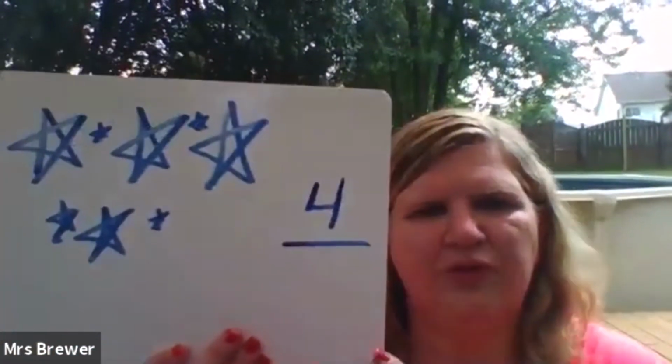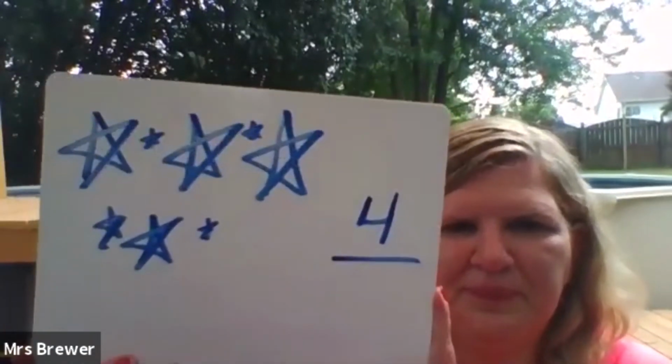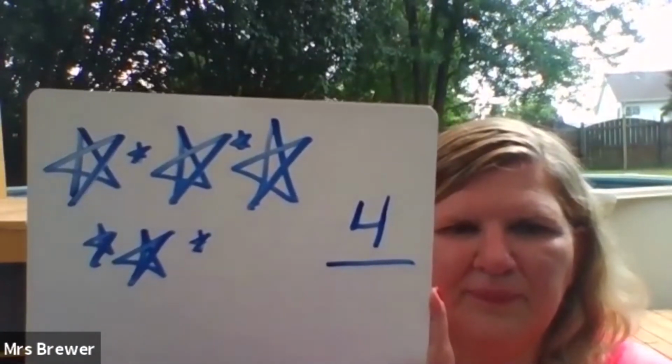Okay, boys and girls. And how many of my stars are small? What? That's not what I'm supposed to do? What am I supposed to do next then, boys and girls? Oh, now I need to find out how many stars there are, what? In all.